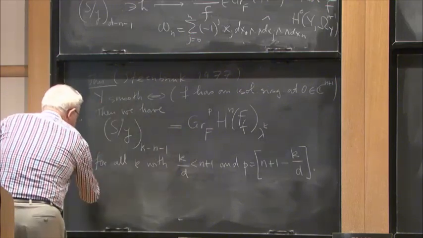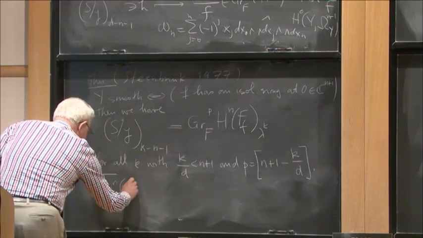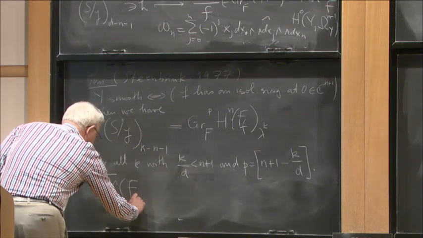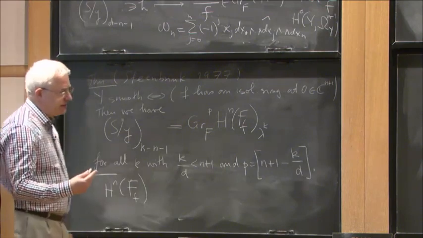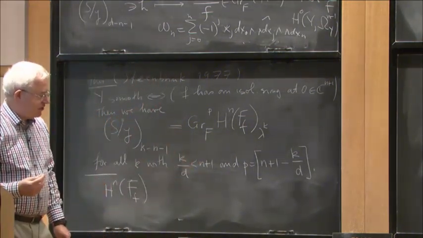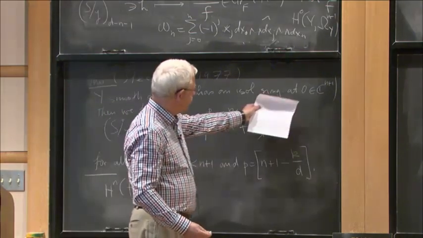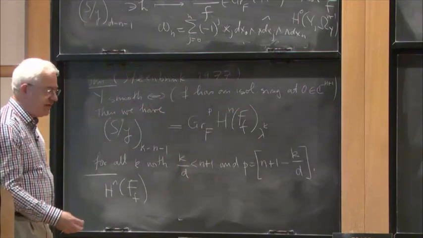And here what happens is that the only interesting cohomology is the cohomology of dimension n. All the others are trivial due to Milnor's result that for an isolated singularity, the Milnor fiber has the homotopy type of a bouquet of spheres.